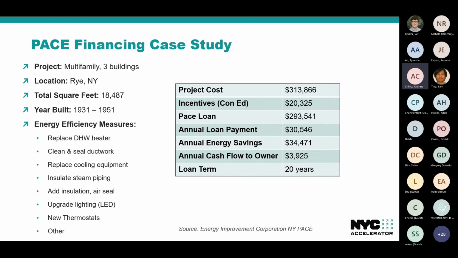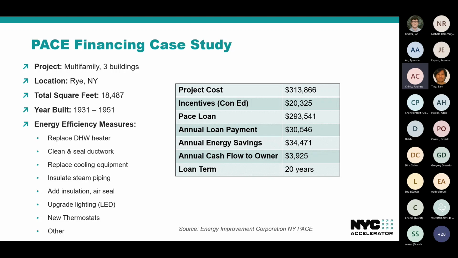$313,000. There are $20,000 in incentives. So the loan net of the incentives comes down to $293,000. And so it's a 20-year loan based on the average life of those improvements. And the payment is $30,000 annually.